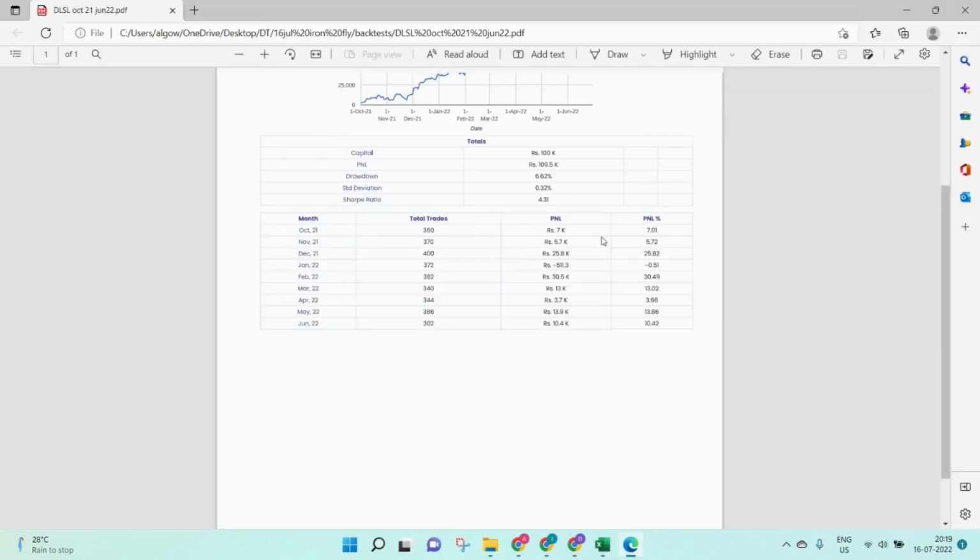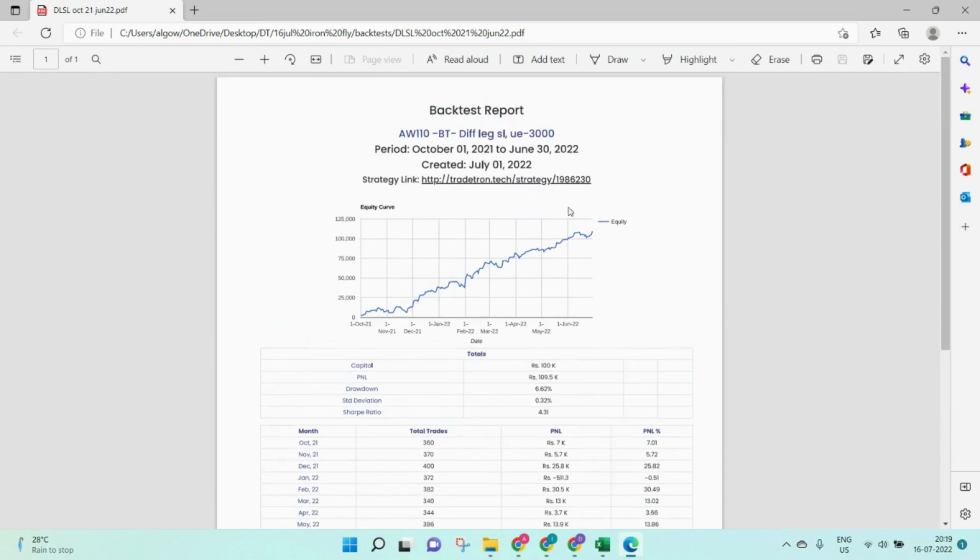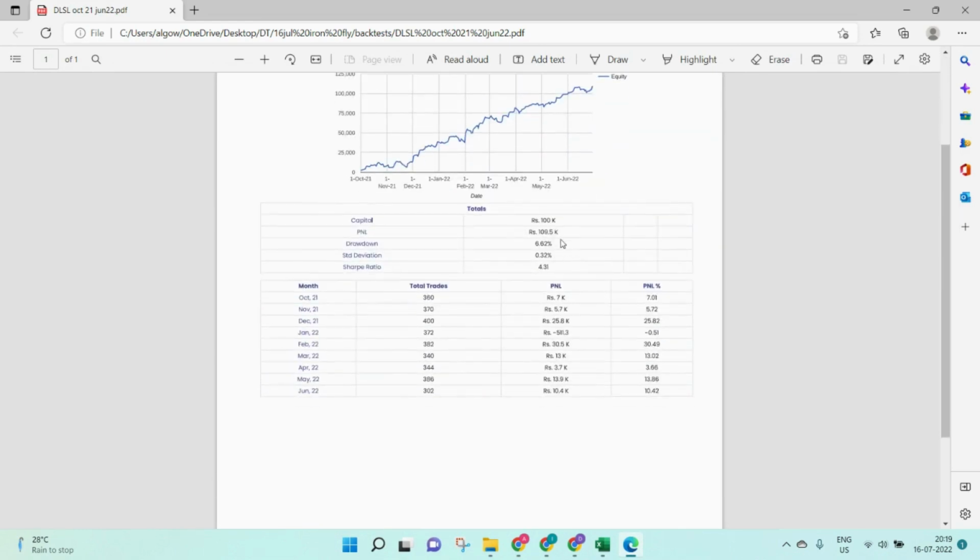This is, I think, with minus 3,000. Yes. So this result is a little better, not by much. Around 1,000 rupees per month is better. So 10,000 rupees over 9 months. And here also the number of trades are more or less the same. 11,109. So around 12,000 rupees for 9 months.